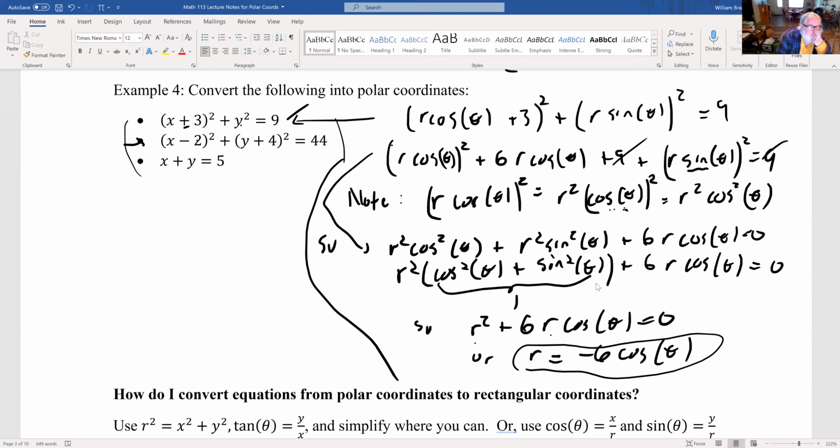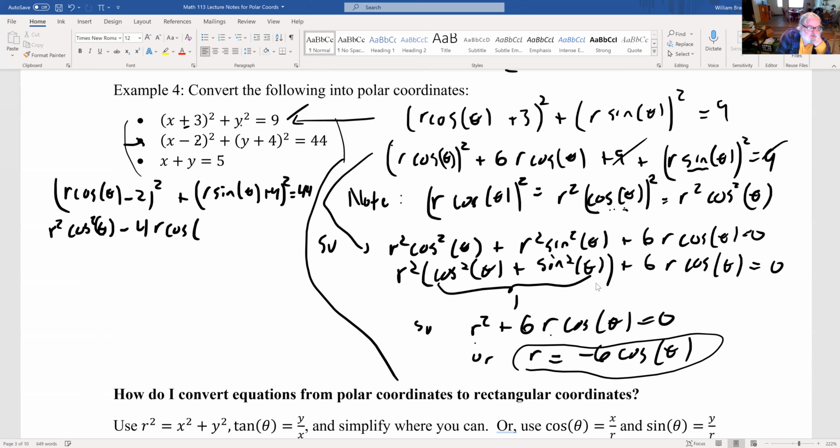Well, same kind of deal. We get r cosine theta minus 2 quantity squared plus r sine theta plus 4 quantity squared is 44. Foiling everything out, we get r squared cosine squared theta minus 4r cosine theta plus 4 plus r squared sine squared theta plus 8r sine theta plus 16 all equals 44.